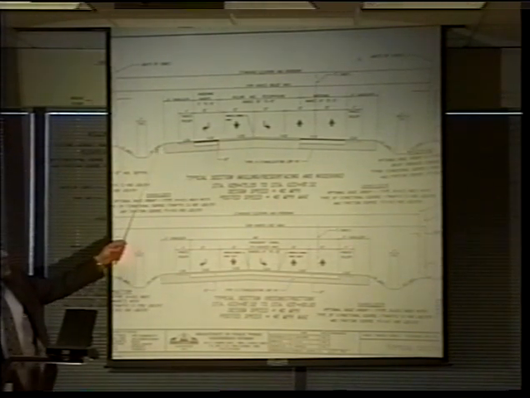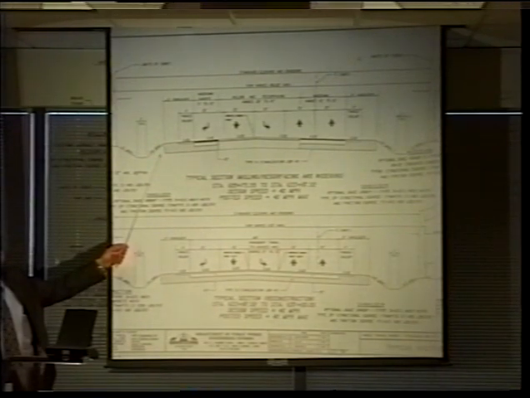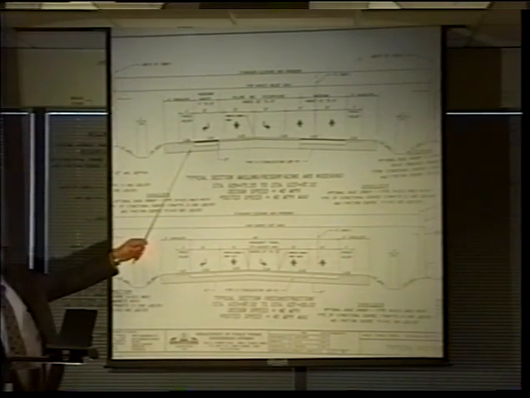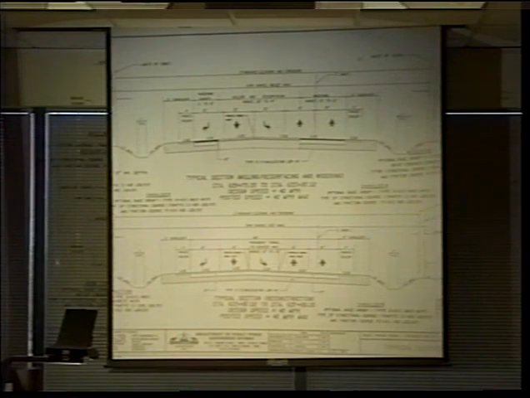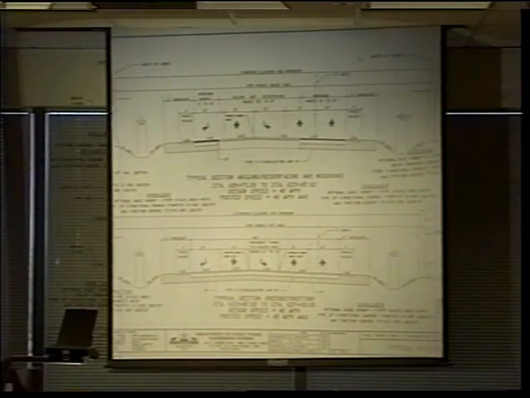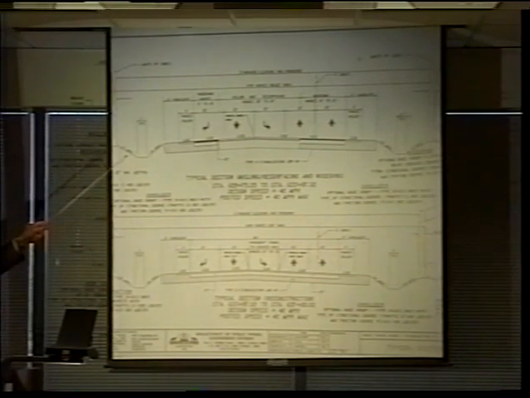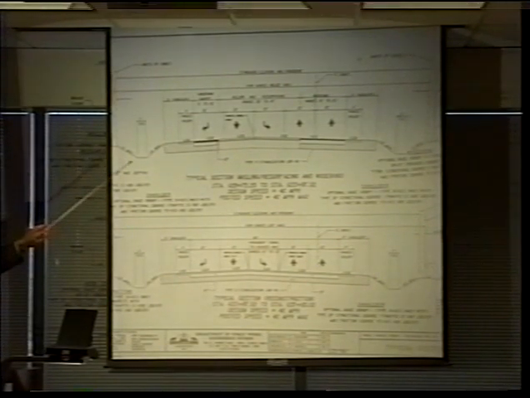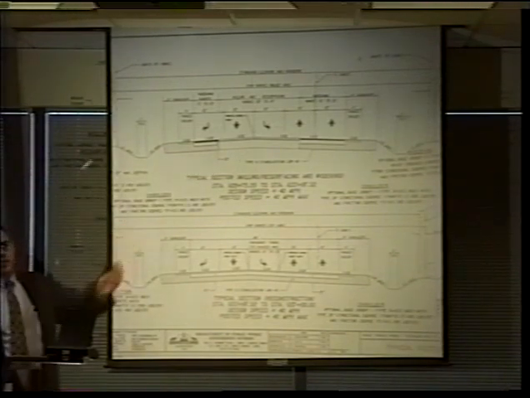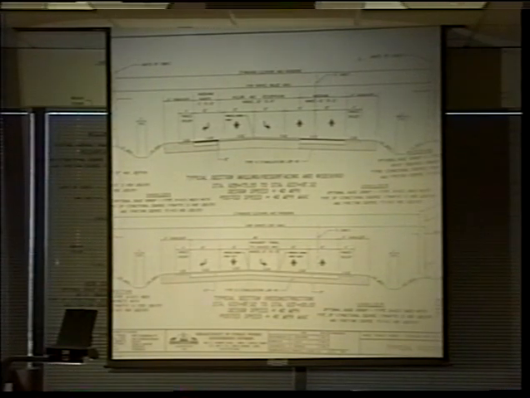You typically have a flatter slope on your ditch that's adjacent to the roadway simply for vehicle recovery. If you go into the ditch, you go into a little flatter slope than you do on the back slope or the back side of the ditch. So this is what you would see typically in each of the cross sections.